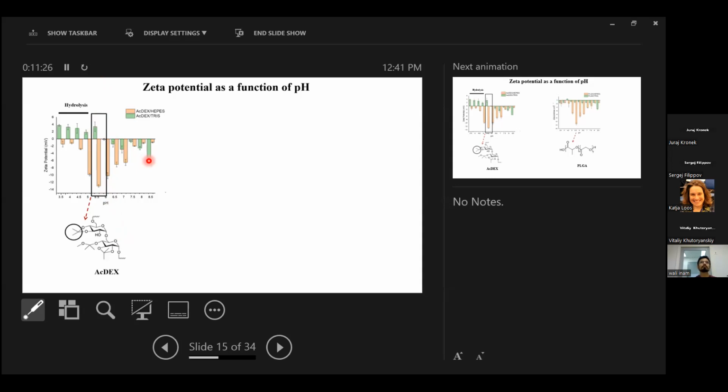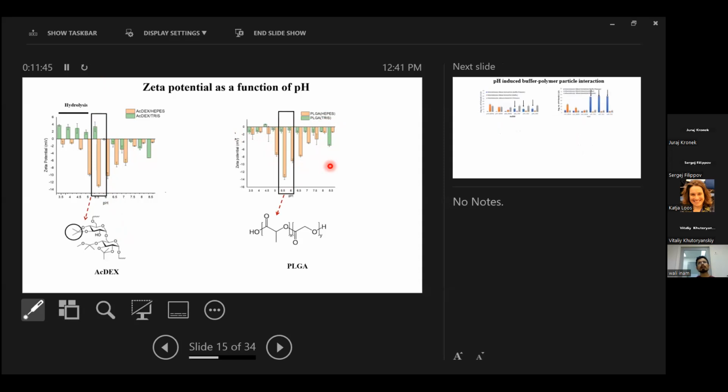And secondly, similarly in PLGA, what was observed was quite a strong suppression of zeta potential, so it remained relatively constant in the presence of Tris, while in HEPES the zeta potential was relatively higher. Also, if you take the same pH range, you can see a significant difference at 5.5 or 6 pH.